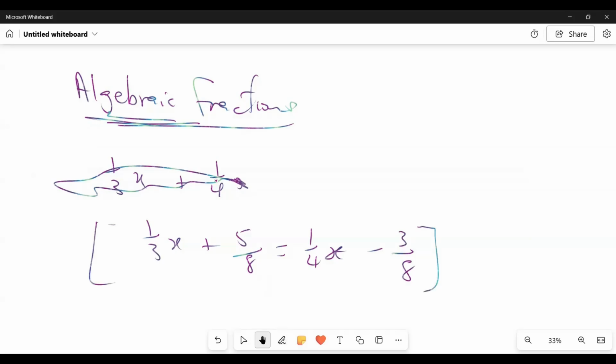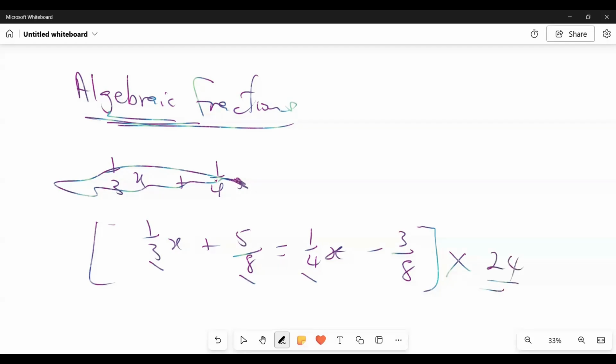one of the suggestions, and this is one of the methods, they tell you to multiply everything by the LCM of 3, 8, and 4, right? So you look for the LCM of 3, 8, and 4. I wonder what that will be? 24? 24, right?